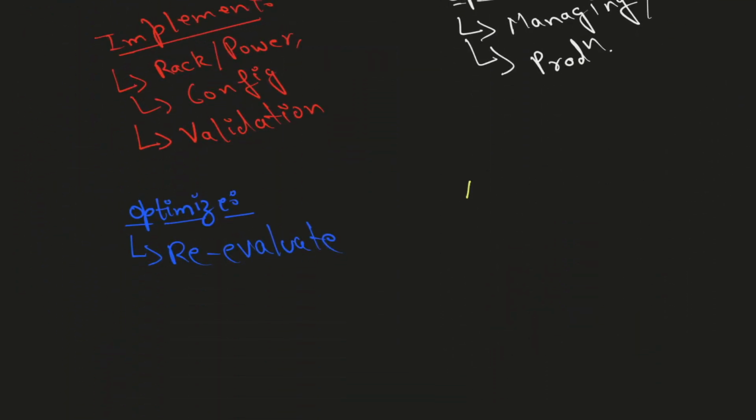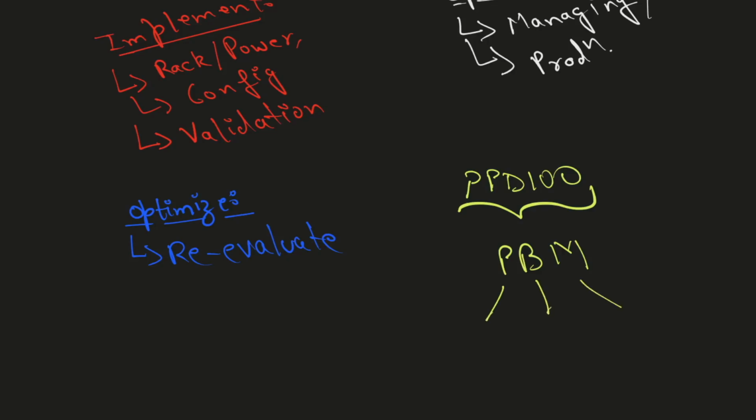And I know sometimes it gets a little difficult to remember all the different phases and stages of PPDIOO, but Cisco has done us some favor in simplifying this methodology and simply coming up with a PBM methodology, which stands for plan, build, and manage.